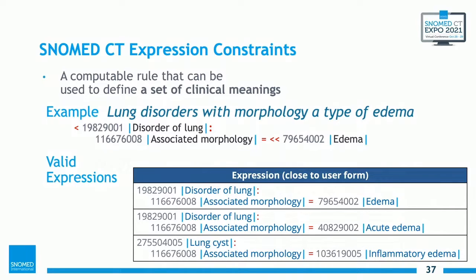But please note that before you can execute ECL over an expression repository, you must transform your close to user form expressions into classifiable expressions and then classify them so that the ECL runs over the necessary normal form. For more information, please refer to the Introduction to Post-Coordination tutorial.